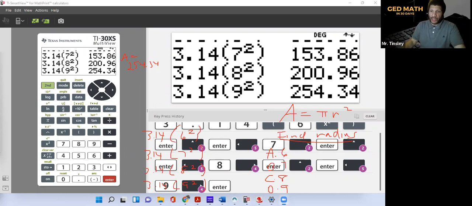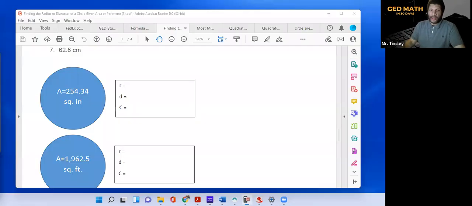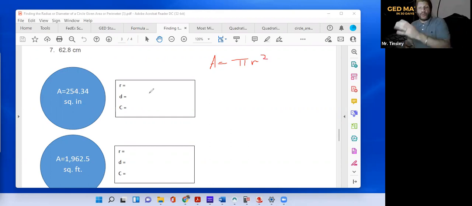So let me do it algebraically. Let me clear the screen first, so we can see it. Algebraically, I know my formula is area equals pi r squared. In order to solve for r, this is how much work you have to do it algebraically.